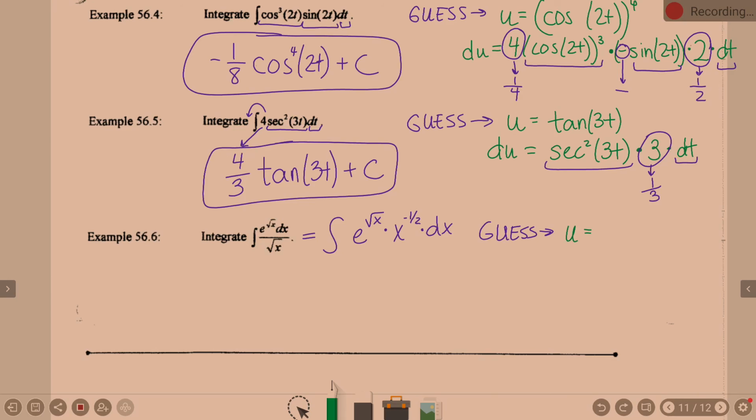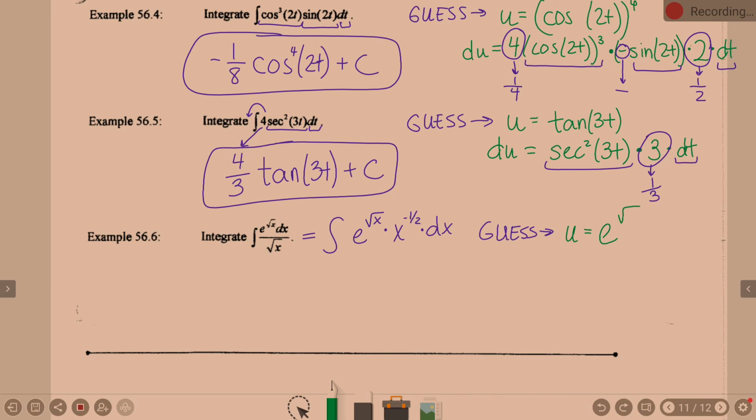Because that x to the 1/2 is being pulled out eventually. That x to the negative 1/2 is going to be part of our chain rule when we do the derivative of the power. Because what's the derivative or integral of e to the x? E to the x. But when we talk derivatives, the derivative of e to some power is e to that power times the derivative of that power. So realize that x to the negative 1/2 has to do with the chain rule.